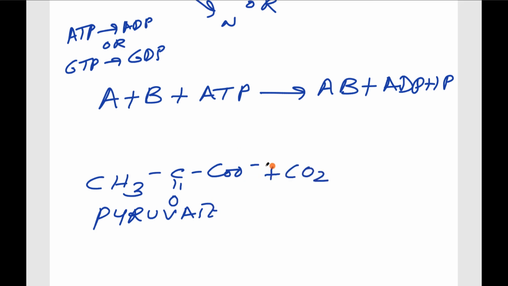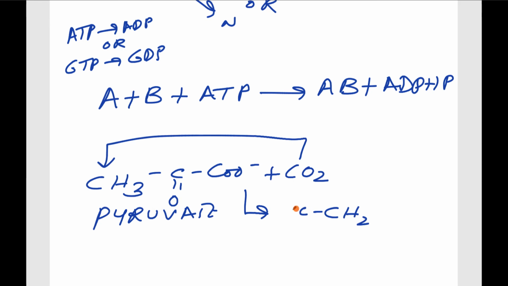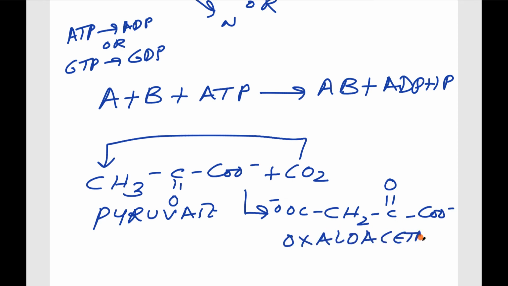The coupling is taking place here, leading to formation of oxaloacetate, an intermediate of the citric acid cycle.